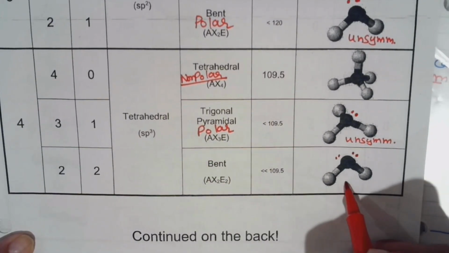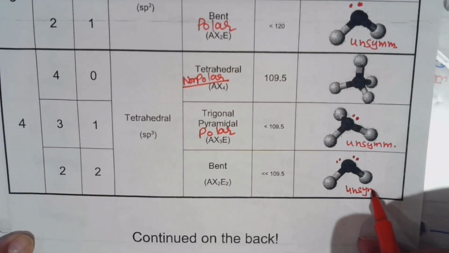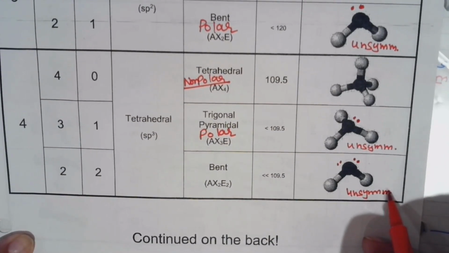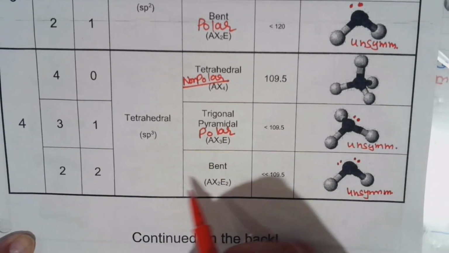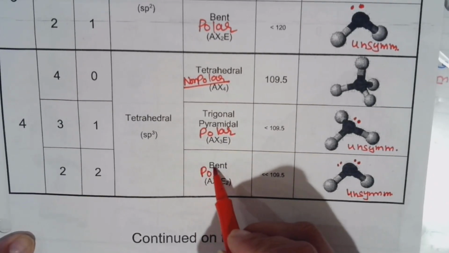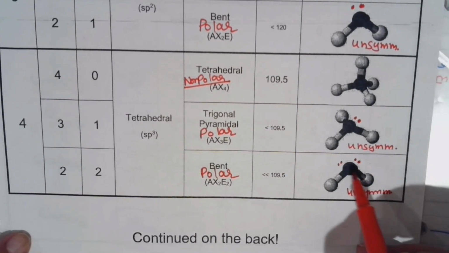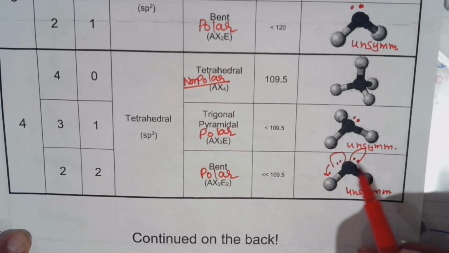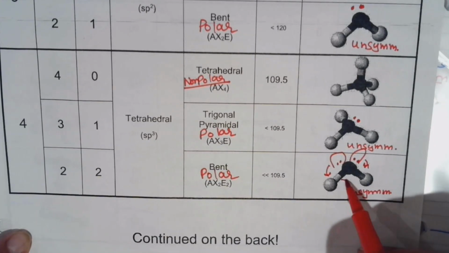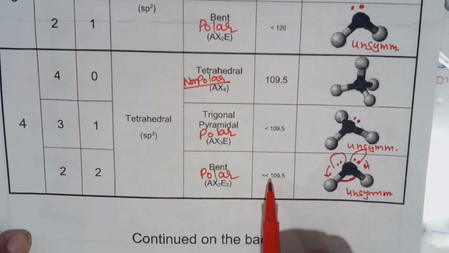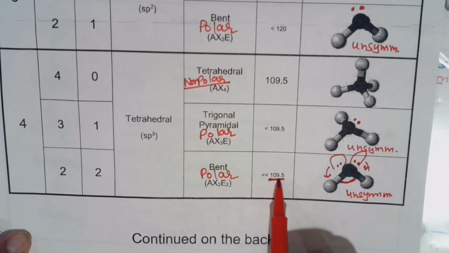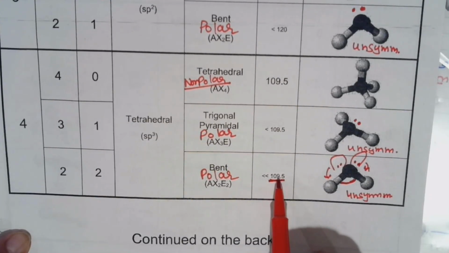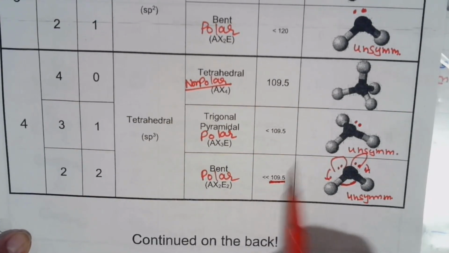This is unsymmetrical because there are two lone pairs on the central atom, and hence the bent shape is always polar, right? Because the lone pairs push the bond pairs away from them, and then this bond angle decreases. So this is less than the regular tetrahedral angle of 109.5.